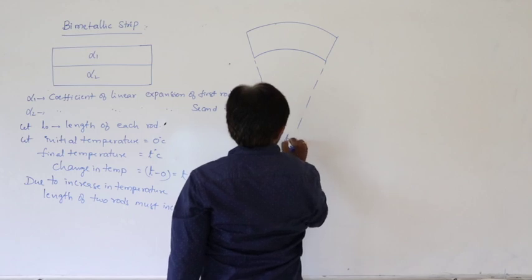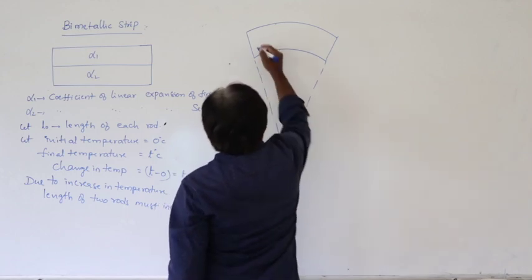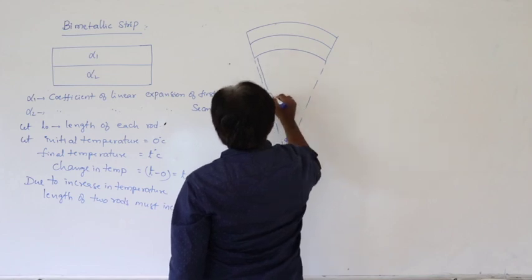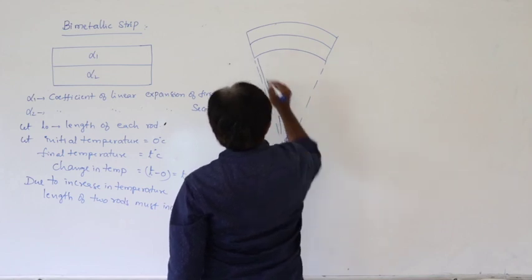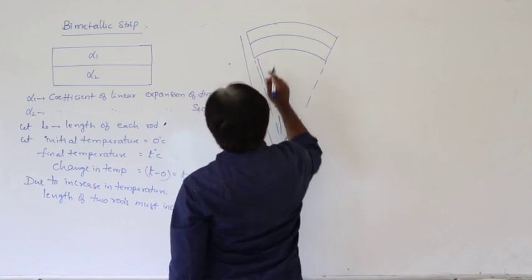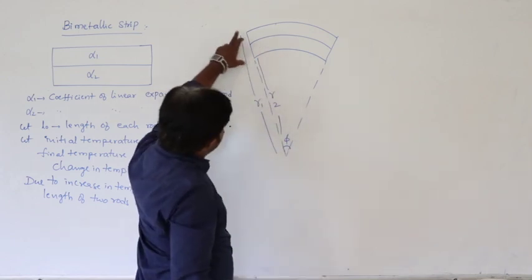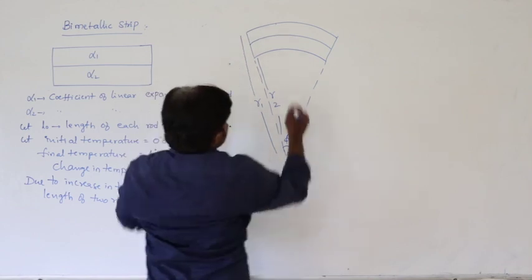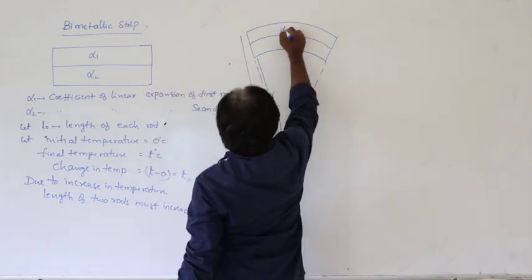Let us say the angle here is phi. This is the radius R2 of the second one and this is the radius R1. So, this is the second material and this is the first material. This is alpha 2 and this is alpha 1.